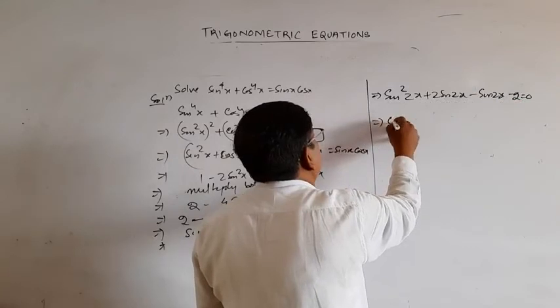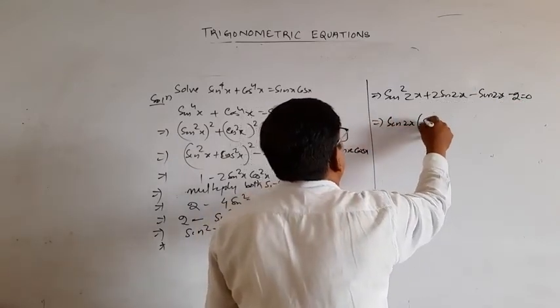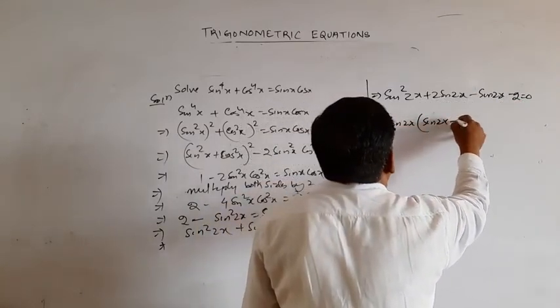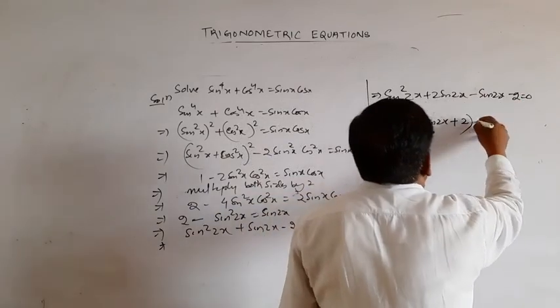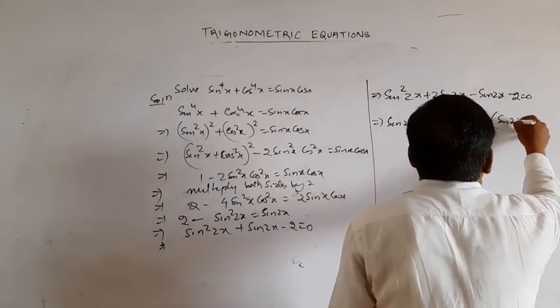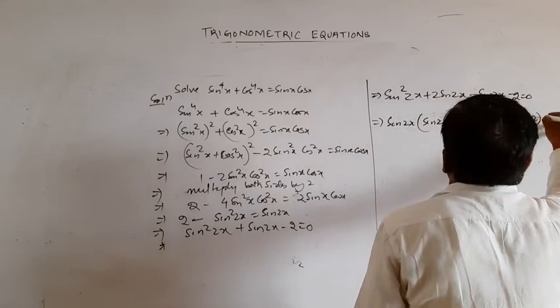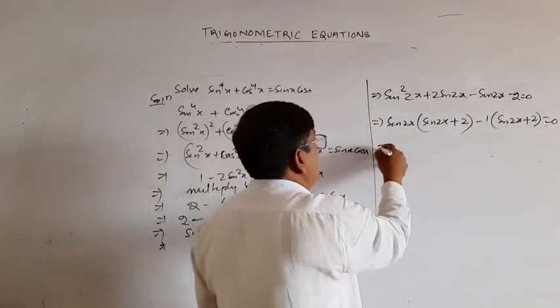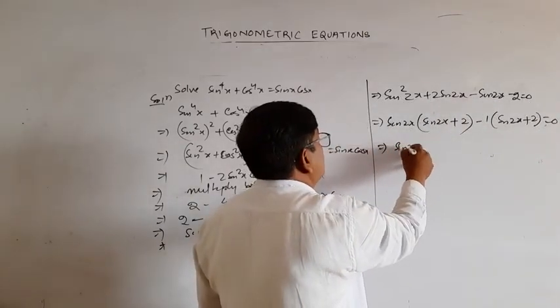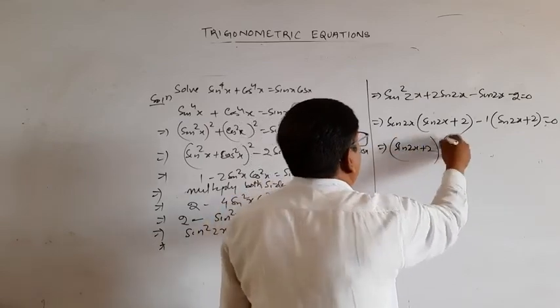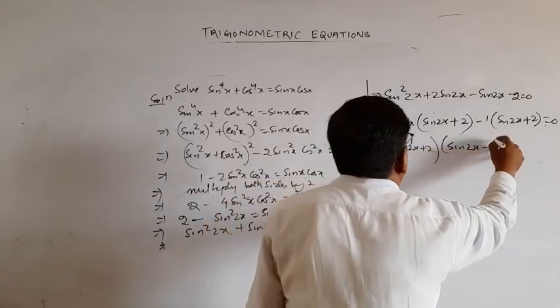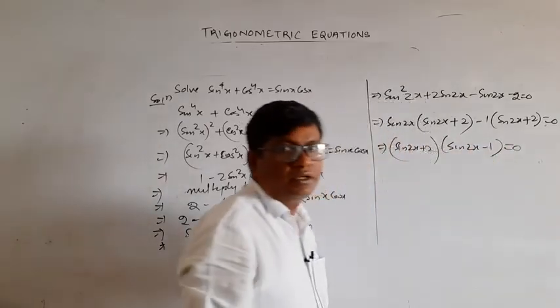So, common here sin 2x. So, sin 2x plus 2, and this is minus 1 common: (sin 2x plus 2) into (sin 2x minus 1) is equal to 0. Clear?